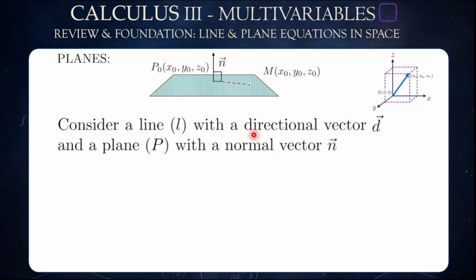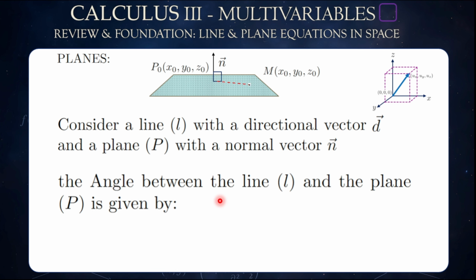Consider a line L with a directional vector d and the plane P with a normal vector n. So how do we get the angle between the line and the plane? This angle between the line L and the plane P is given by a relationship that we're going to deduce from this illustration here. So you have the director of the line, this is the line L, and this is the normal vector.